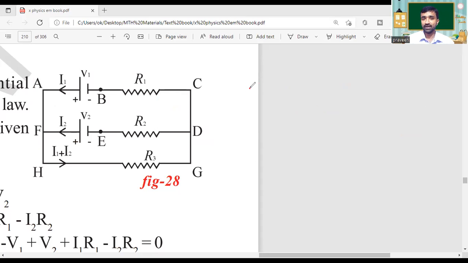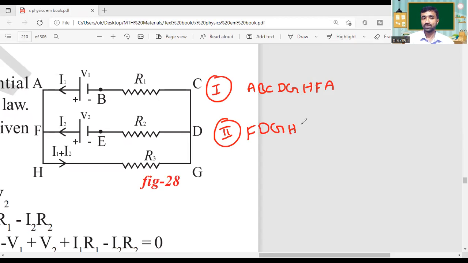So I need only two loops to solve I1 and I2. What are they? A, B, C, D, G, H, F, A is one of the loops. Then the second loop I am taking only in the same direction, starting from F. Sorry, one more point is missed: F, E, D, G, H, F. Then write the equations for them.